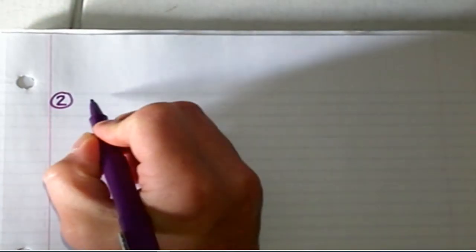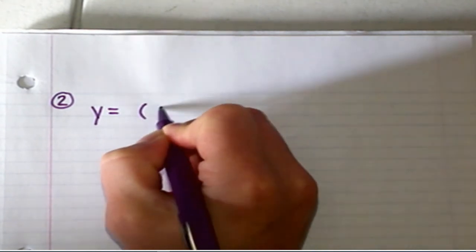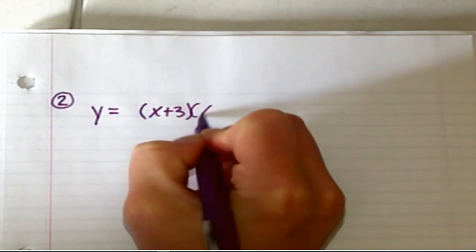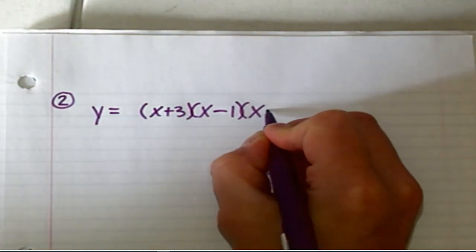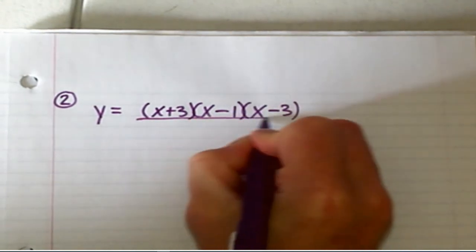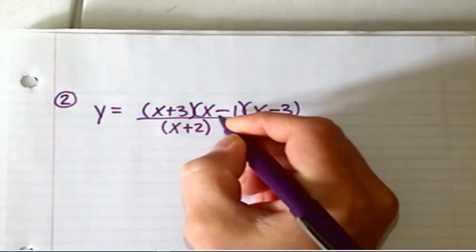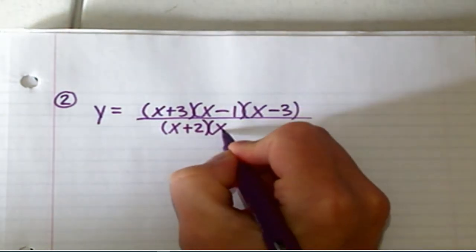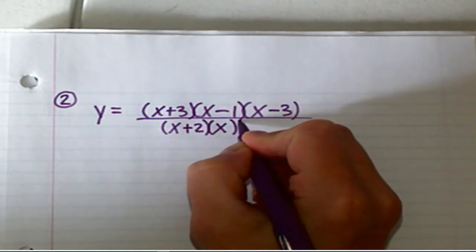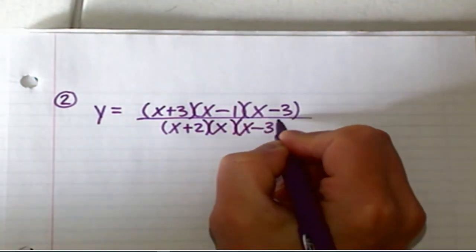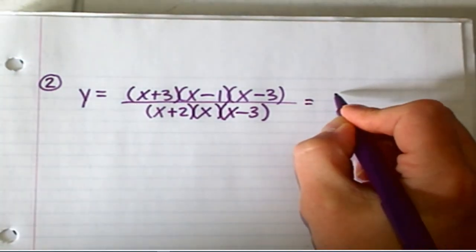I'm going to write it in factored form: x plus 3, x minus 1, over x plus 2, x minus 3. Ooh, okay, so I am going to write it in the reduced format.